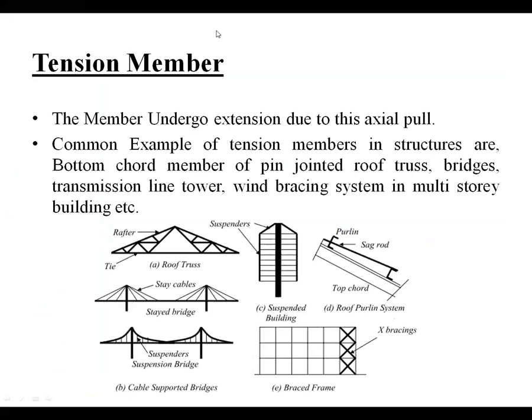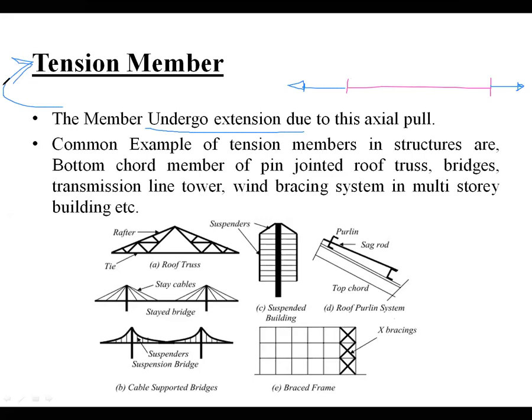If we consider this is the member and forces like this and this are acting on it, it means that it undergoes extension. That's why it is called a tension member.